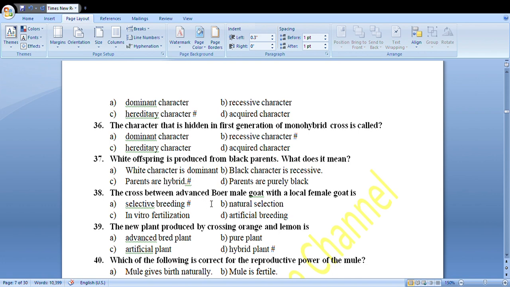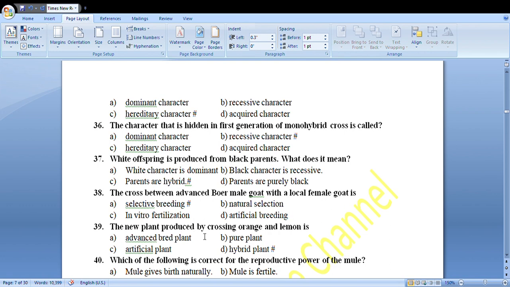The cross between an advanced boar male goat and a local female goat is selective breeding. The offspring of the advanced male goat with the local female goat is the advanced goat. This is selective breeding.